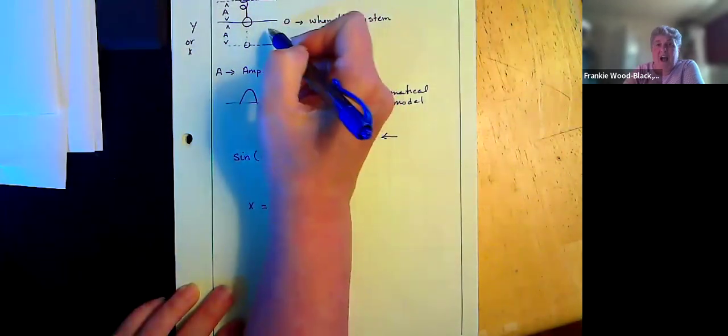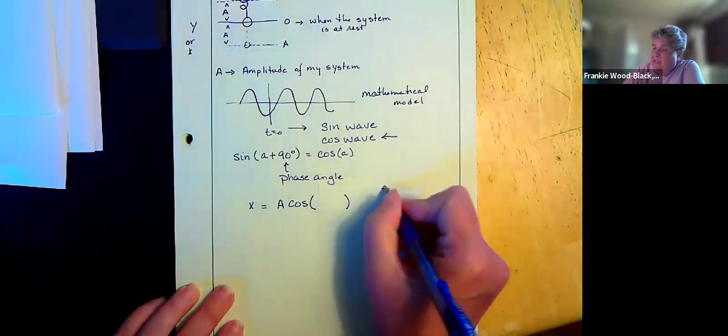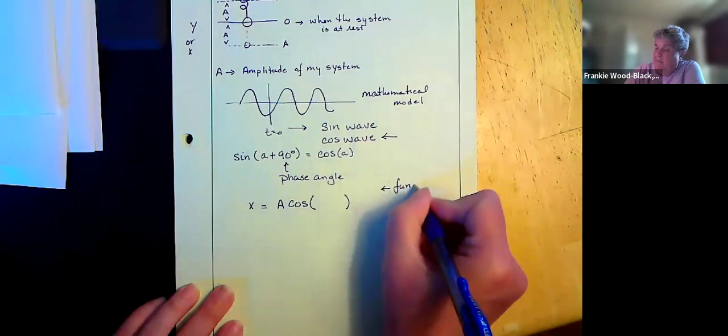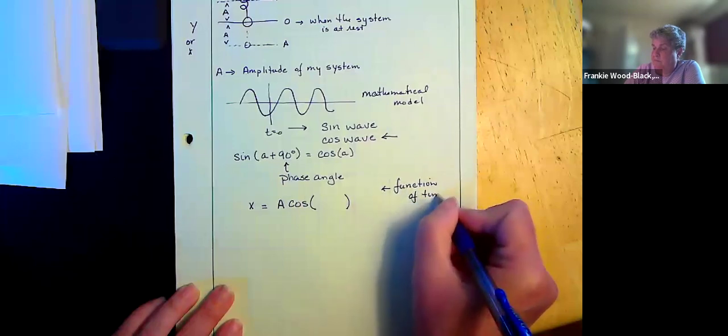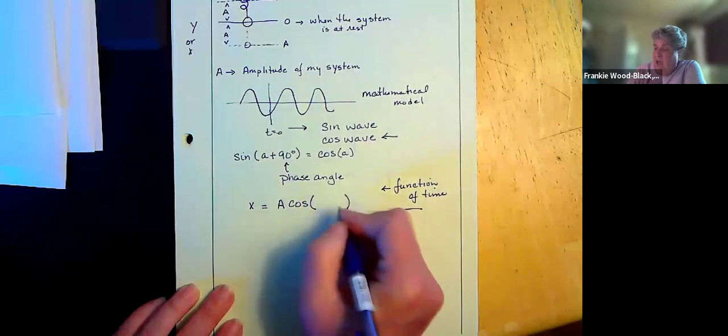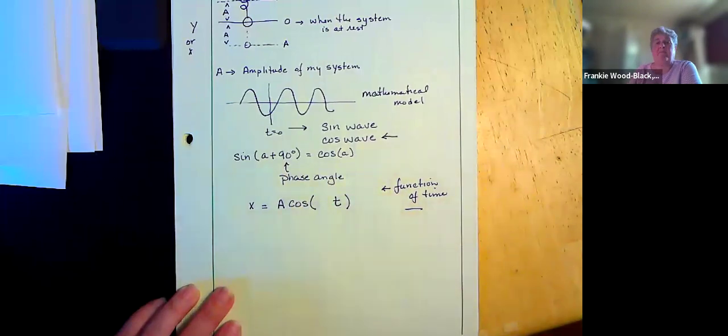Now, we've got it moving, so this has got to be a function of time. And that function of time means I'm going to put in my time value in here.